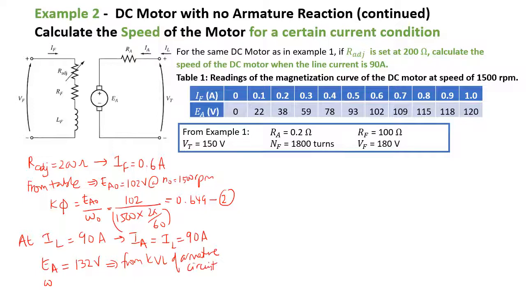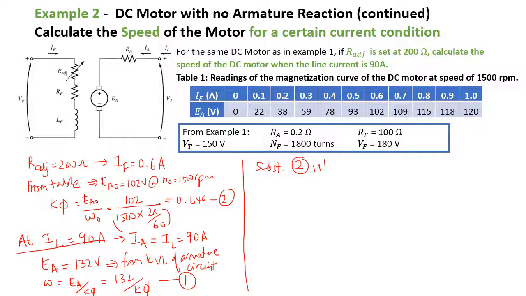So the speed at IL of 90 amperes is EA divided by K flux, which is 132 divided by K flux, and we had called this equation 1. So now we need to substitute K flux into equation 1. We're going to substitute equation 2 into 1 to find the speed.